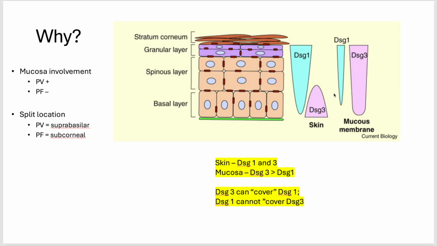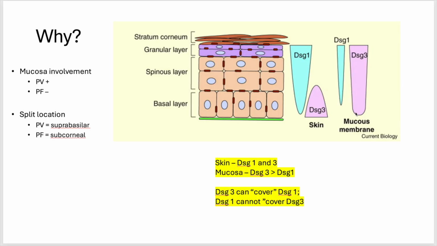So that is the difference in expression. With that in mind, in pemphigus vulgaris, the autoantibodies go after desmoglein 3, which is here, which is heavily expressed in the lower epidermis, and especially in the mucosal membrane.